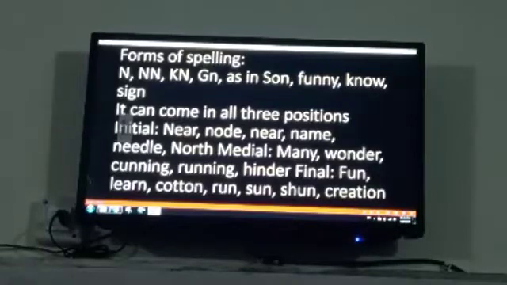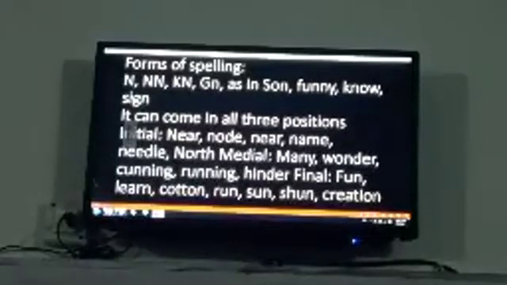I gave you this example earlier as well. So these are the forms of spelling for N: single n, kn, and gn. And these are the examples: sun, funny, know, and sign.